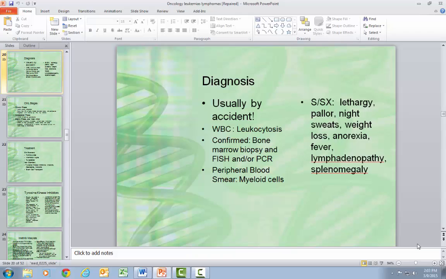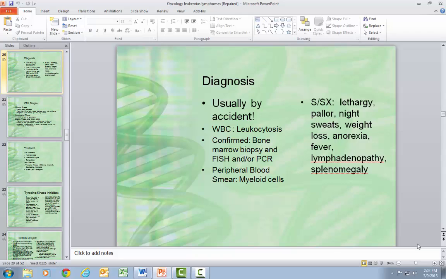In addition, patients could complain of constitutional symptoms not related to the illness. They could have lethargy, weight loss, or anorexia. They could have secondary lymphoid organ alterations such as splenomegaly, hepatomegaly, and lymphadenopathies.